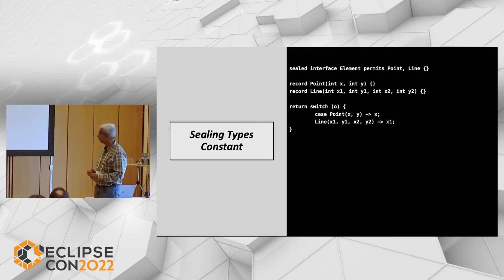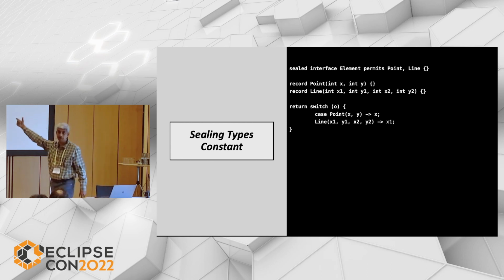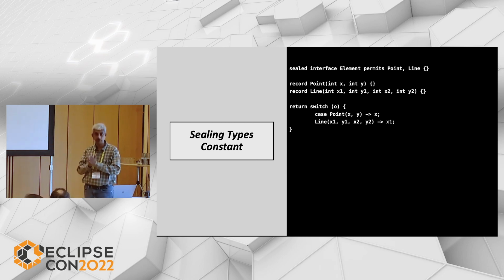The major use of it is in the switch expression, in the pattern switches, where if you notice there is no default statement, because it's like an enum. If there are 5 enums and you cover all 5 in the case statements, then you don't have to have a default statement.